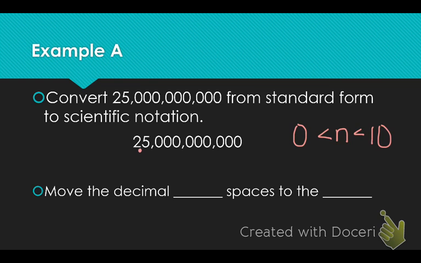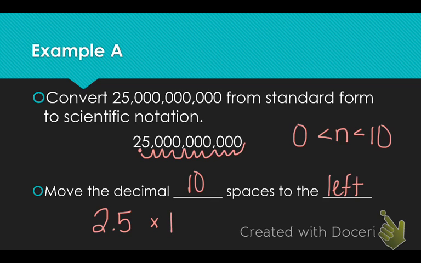In order to make it 2.5, I need to move the decimal 1, 2, 3, 4, 5, 6, 7, 8, 9, 10 spaces to the left. When I do this, I can write it as 2.5 times 10 to the 10th power. The exponent comes from how many times I moved my decimal.